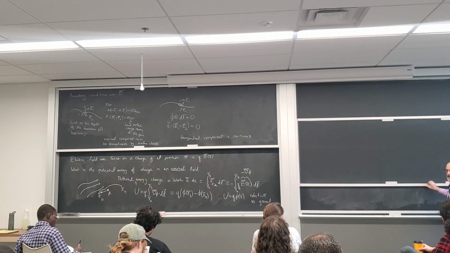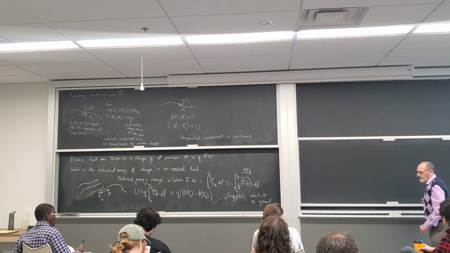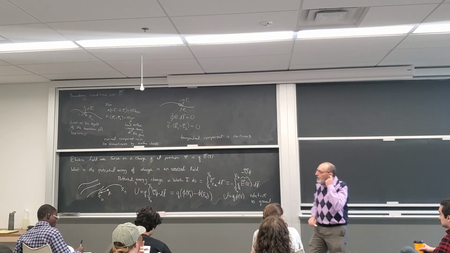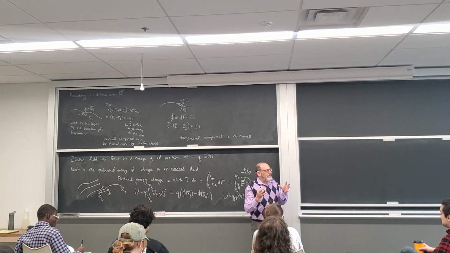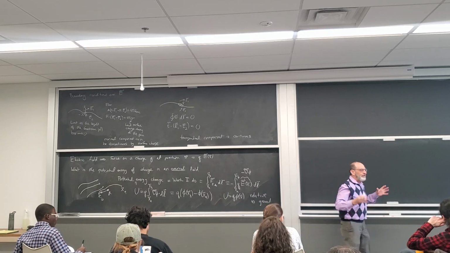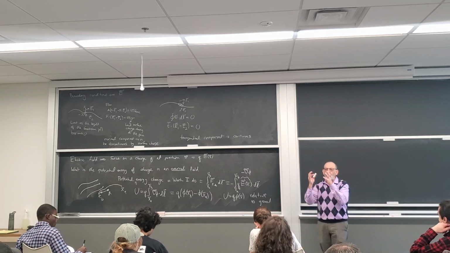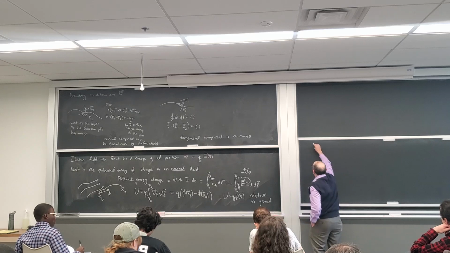Okay, now that's the notion of how much potential energy a charge has in an external field. There's a slightly different, but very important, concept, which is how much potential energy it takes to assemble a particular charge distribution.